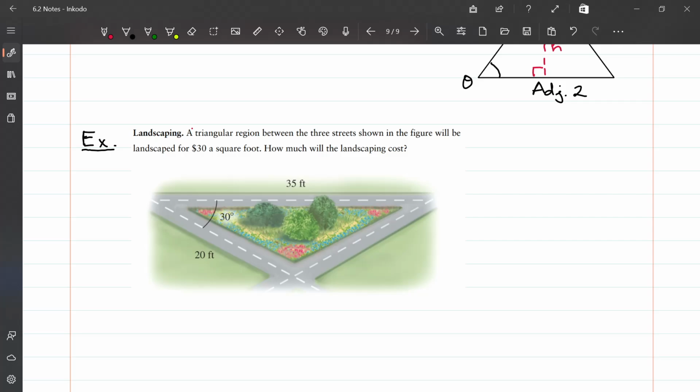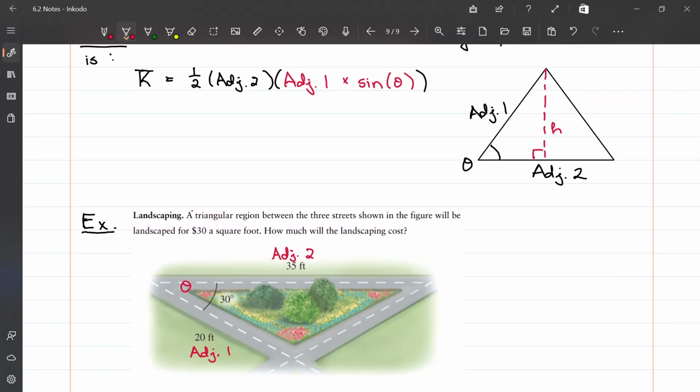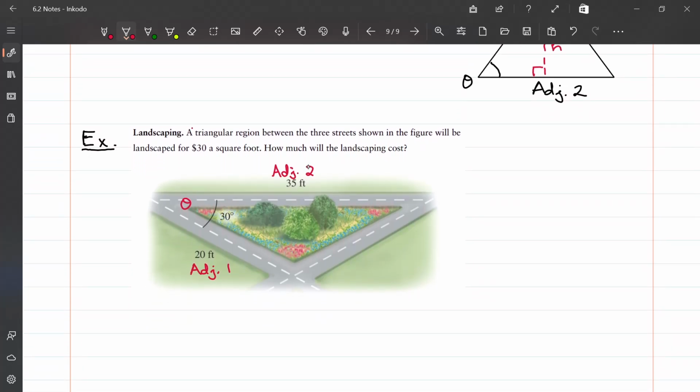So, let's go ahead and label things. To keep an apples to apples comparison in our picture here with what we wrote in our formula up above, I've labeled the base as adj2, the first adjacent side is adj1, and the angle between the two sides is theta.